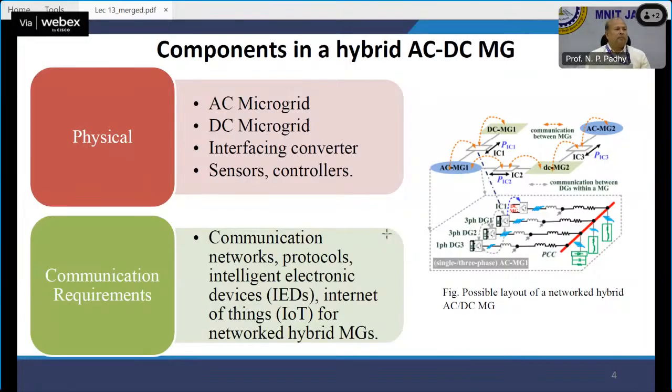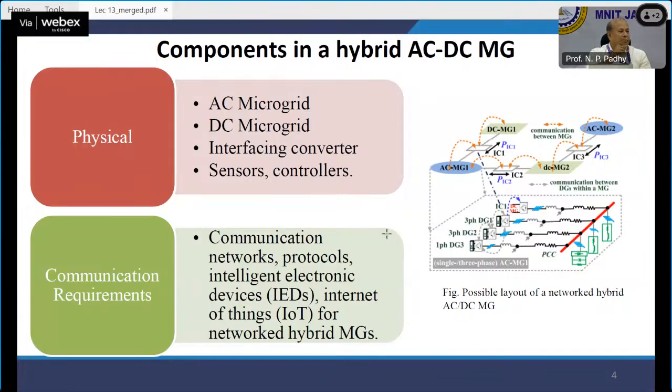The electrical engineering department could be a microgrid, mechanical is another microgrid, and civil is the third microgrid. Now, can all three of them be connected? As of today, no. The energy exchange takes place between each microgrid and the main grid, but the microgrids are not connected to each other.